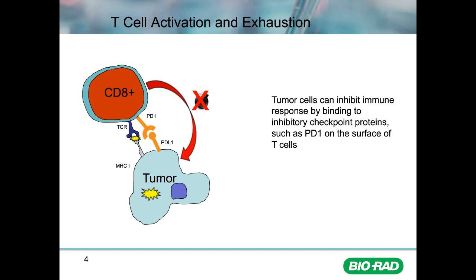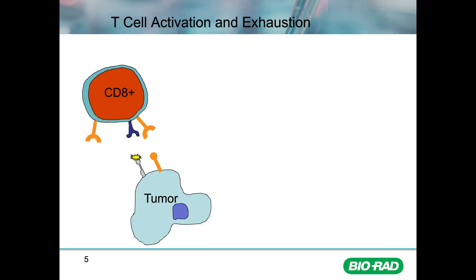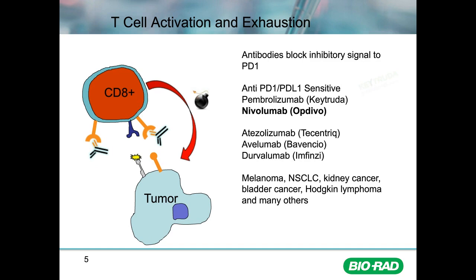The use of blocking antibodies as checkpoint inhibitors has shown that T-cell exhaustion is reversible. To date, 5 PD-1, PD-L1 blocking monoclonal antibodies have been approved by the U.S. FDA, and their efficacy has been confirmed in the treatment of several cancers.